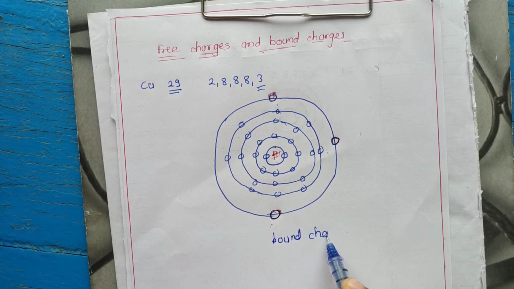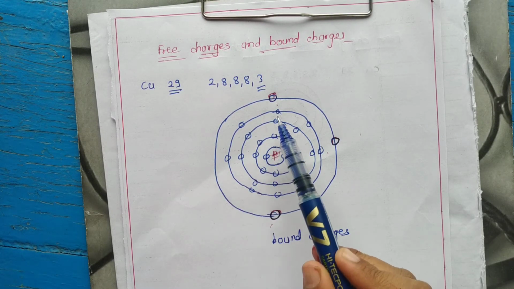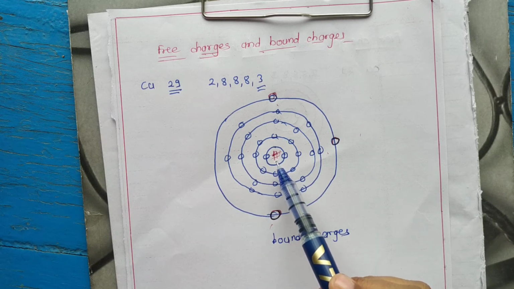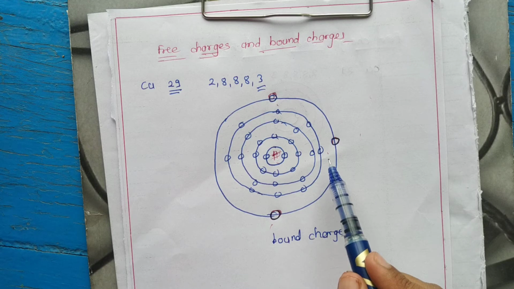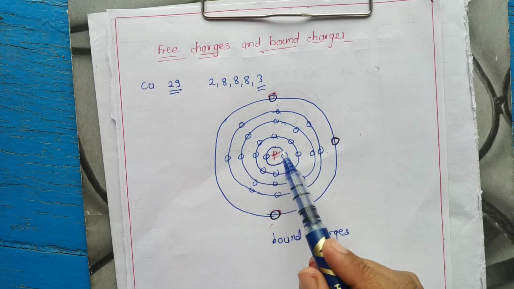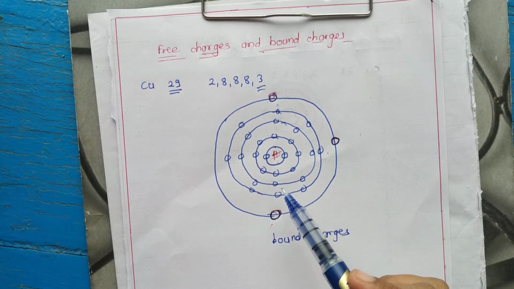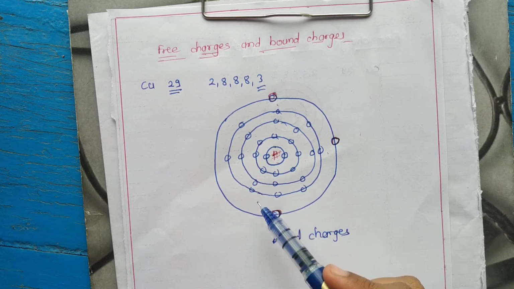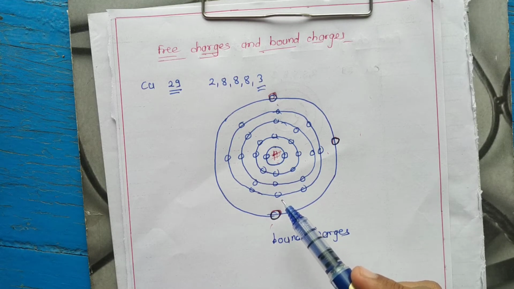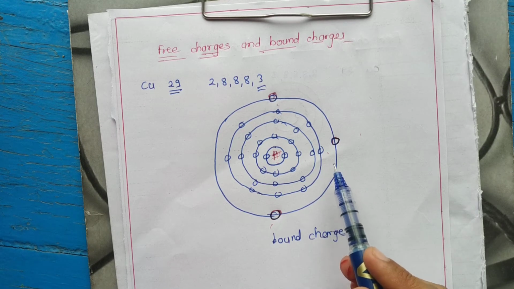Bound charges. The electrons in the outermost orbit of the atom, which are loosely bound with the nucleus, can easily detach from the nucleus and move freely inside the metal, and when an external electric field is applied to them, they move in a direction opposite to the direction of the applied electric field.